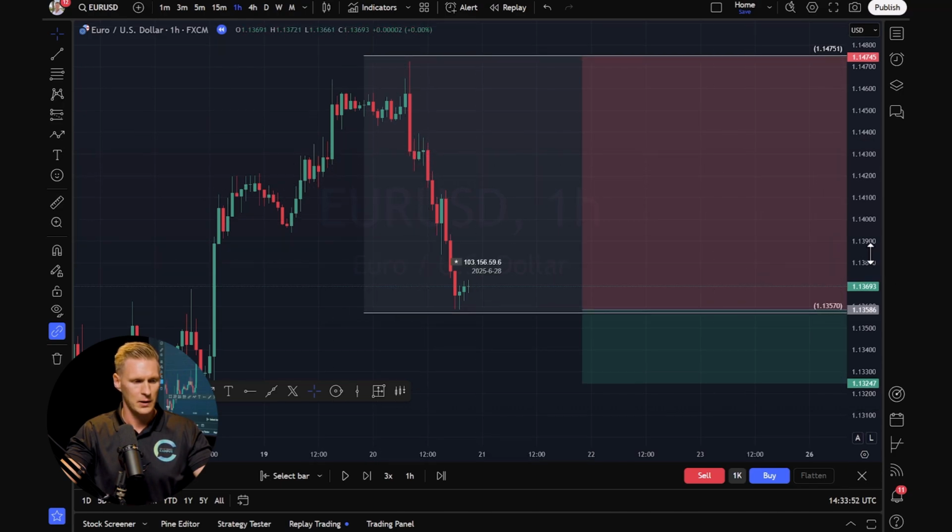Meaning we identified two high quality supply zones. If we follow the level on top of level rule, we will go with this one here, right? We identified a nice high quality zone on the lower time frame, and it is part of the higher time frame, in this case the daily bearish engulfing candle.